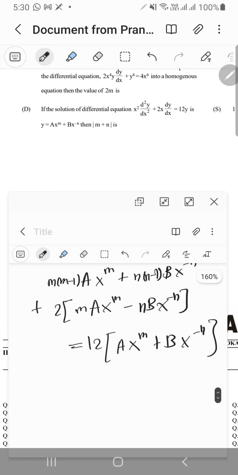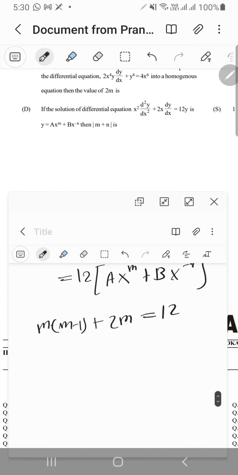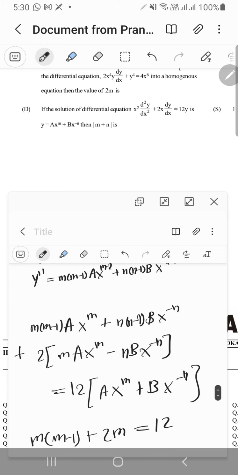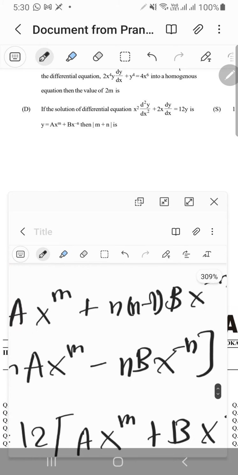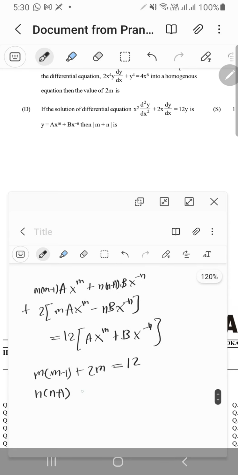So you just have this thing that m into m minus 1 plus 2m equal to 12, and n into n plus 1, because when you did that it became n plus 1, minus n, so minus 2n, equal to 12.